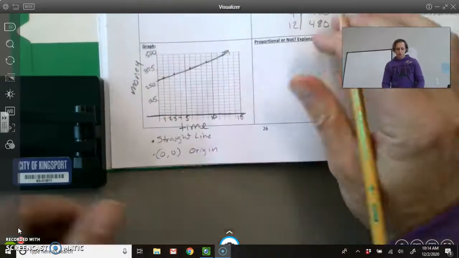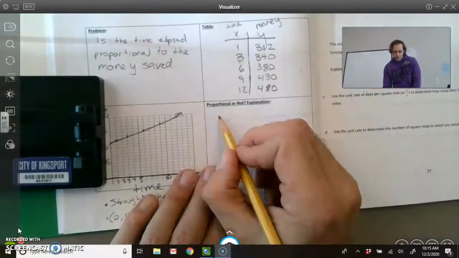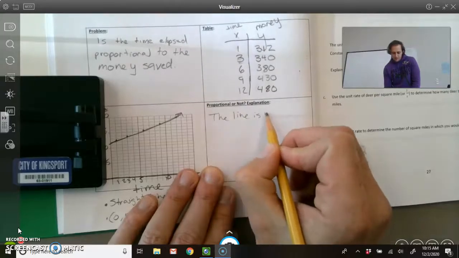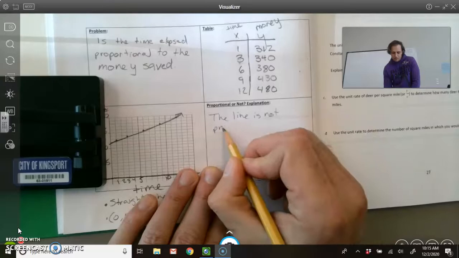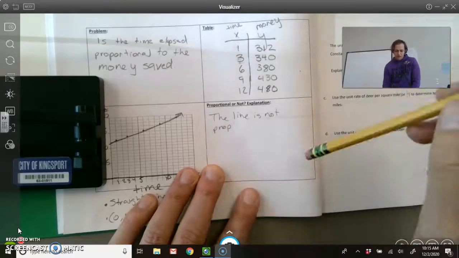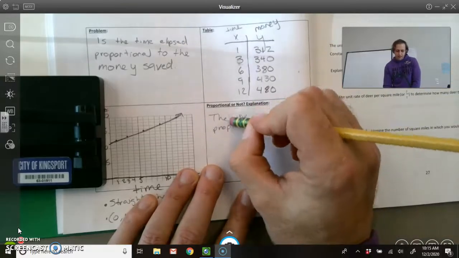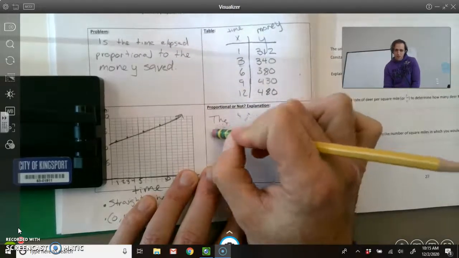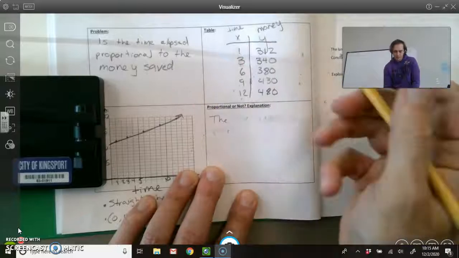So let's come over here. We're going to say the line is not proportional, or I don't like the way I said that. I don't want to say line. Can we just go back in time about 10 seconds here?